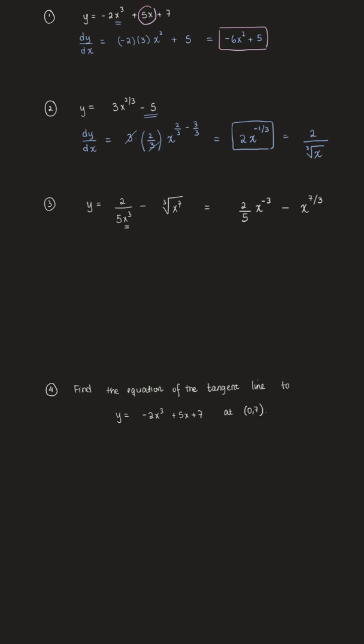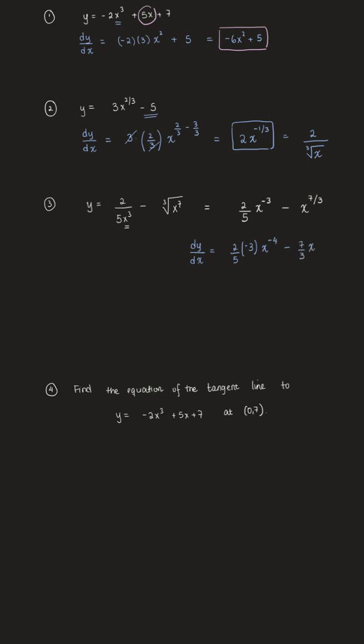Now we're ready to find the derivative. So dy dx will be, using the power rule for each part, I'm going to bring down the 2/5. Then I'm going to multiply by the negative 3, and then x to the power of negative 3 minus 1, which is negative 4. Same thing here. I'm going to bring down the 7/3 to multiply the x.